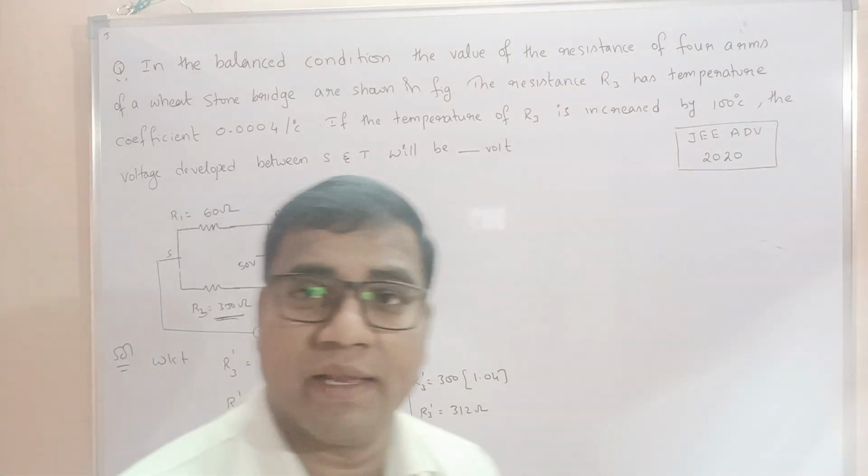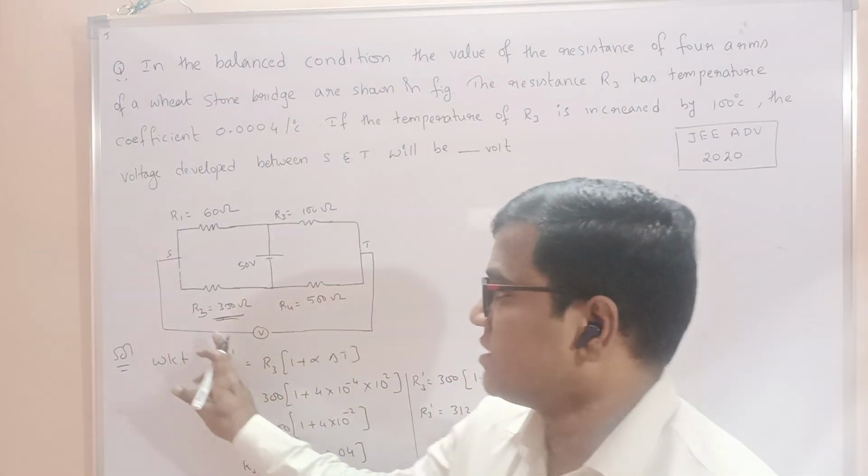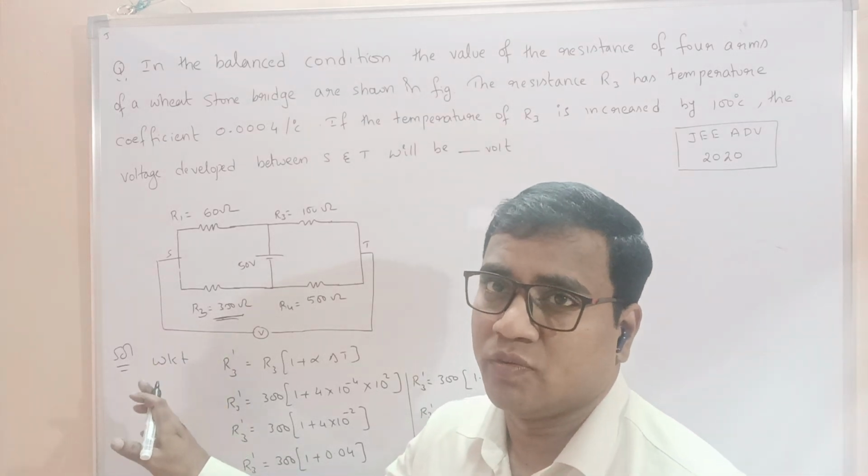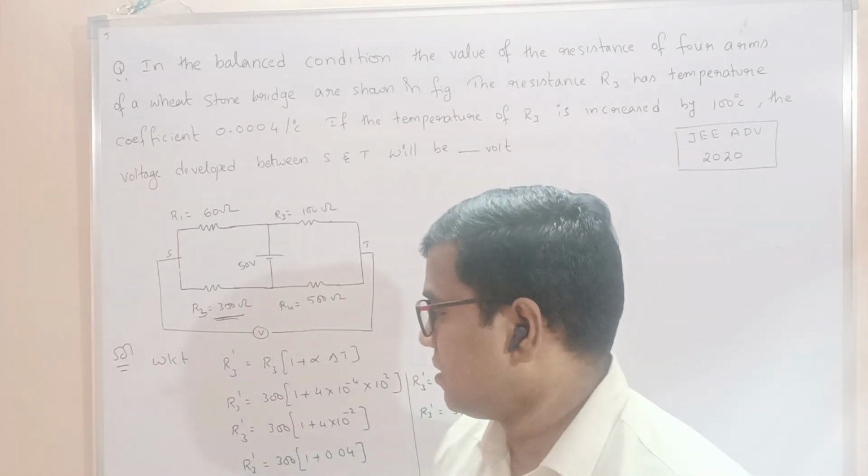That means at 100 degrees centigrade, the resistance of R3 becomes 312 ohms.